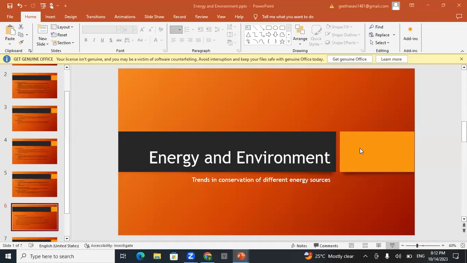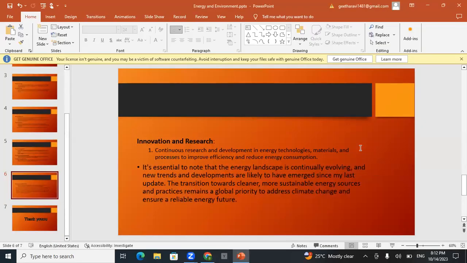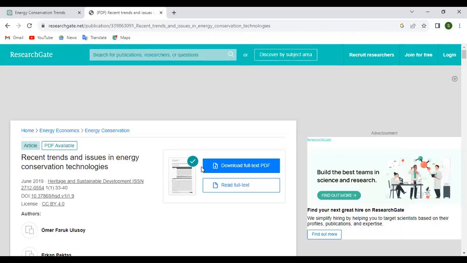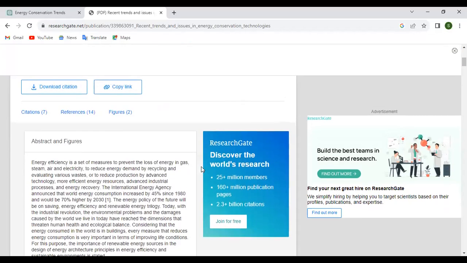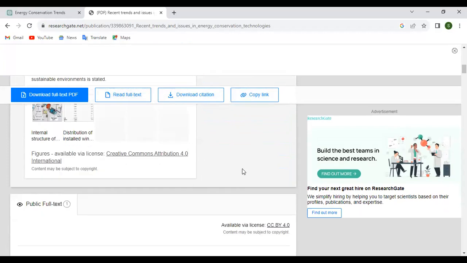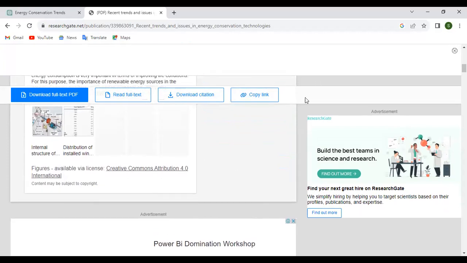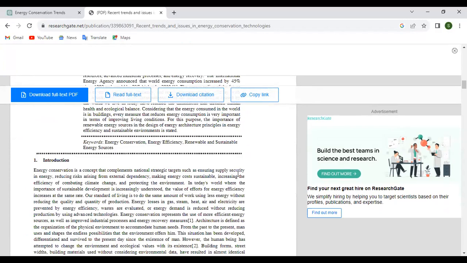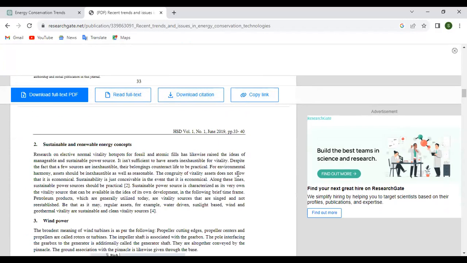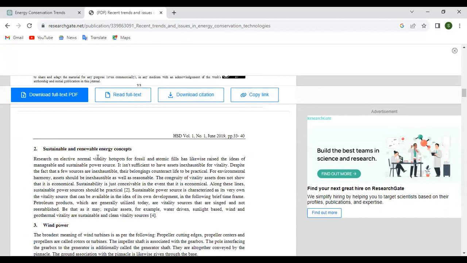Before going to innovation and research, let us study a bit more deeply about these energy sources. The present trend is the sustainable energy source concept.